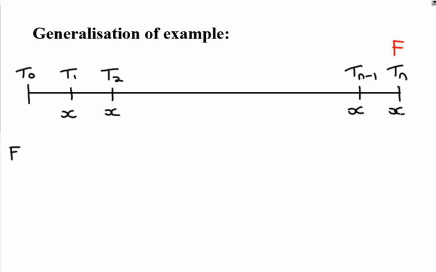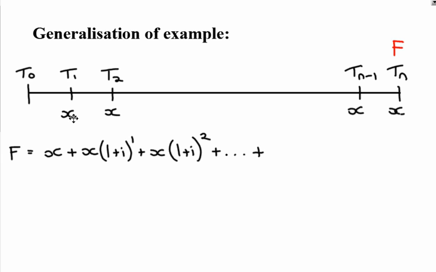Let's have a look at our future value will be X plus the X before it and all its interest for just one time period, plus the X before that and its interest for 2 time periods, all the way to this X right here, which we know will have n minus 1 time periods. If you look back at the previous example, when it was 10, it had 9 because of our first term. Right, so this first X earns interest for n minus 1.